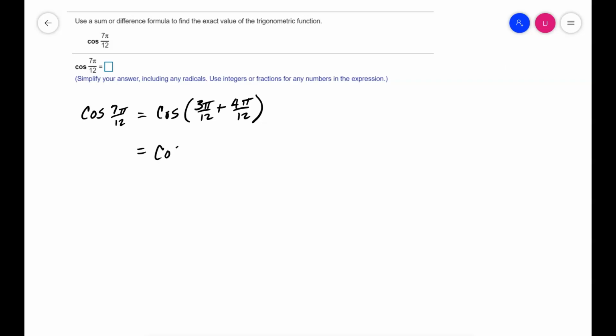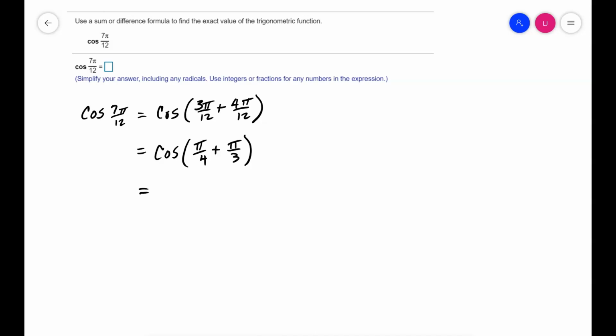Well, if we reduce each of those fractions, 3 pi over 12 reduces to pi over 4, and 4 pi over 12 reduces to pi over 3.